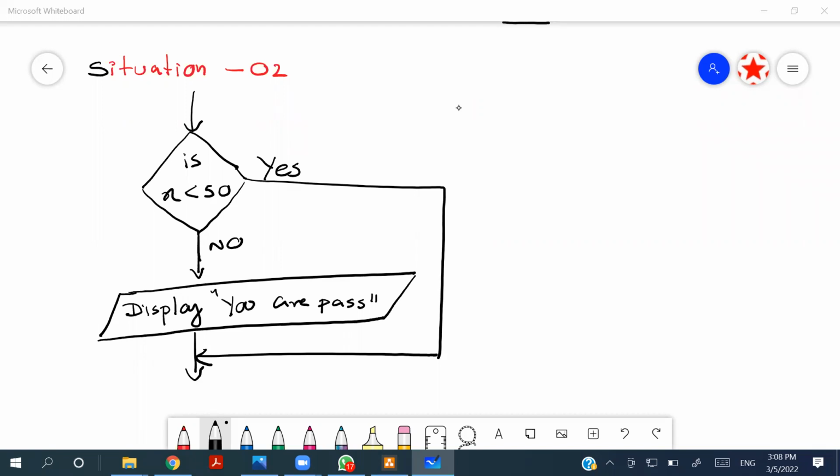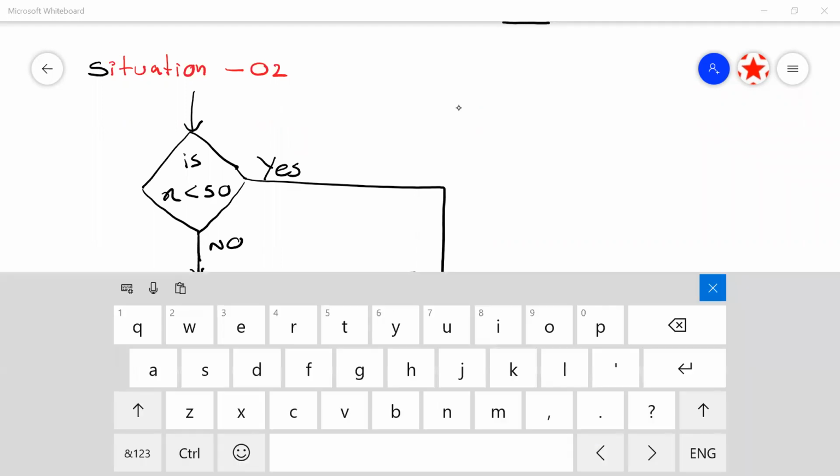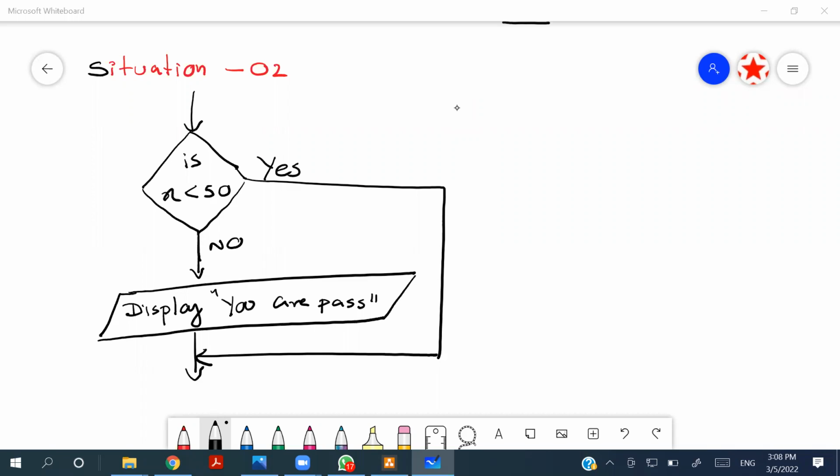Right. Anyone who is still writing or still drawing rather? Okay, so here we have a special thing to realize. Now, this can be done by the previous structure that we have learned, the if structure. But the problem is here we can only find something on the no path of the flowchart, and in the yes path, we can't find anything.